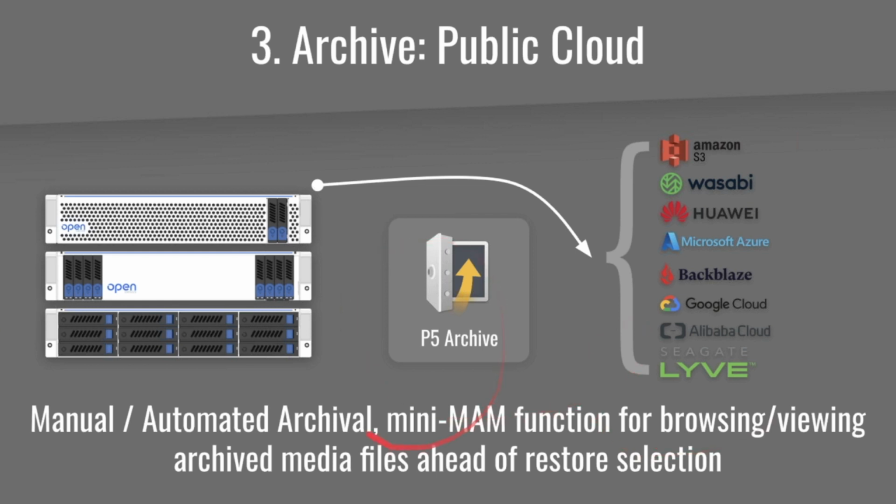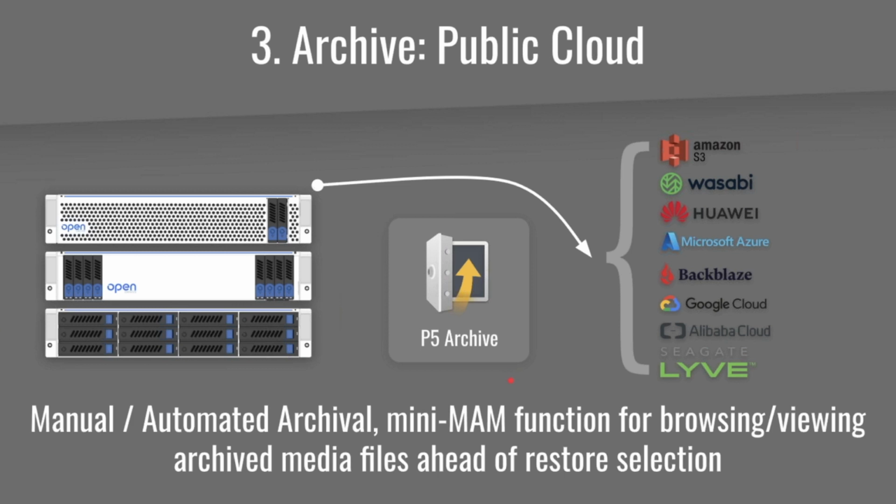So the P5 archive module allows you to create a workflow where you can browse storage on the OpenDrive side, and identify things that you want to archive either through a manual selection, through MAM integration, or through a hot folder where you push stuff that's ready to be archived. P5 will pick that up, write it into this object or container storage, and create an index or database with some basic media asset management functionality.